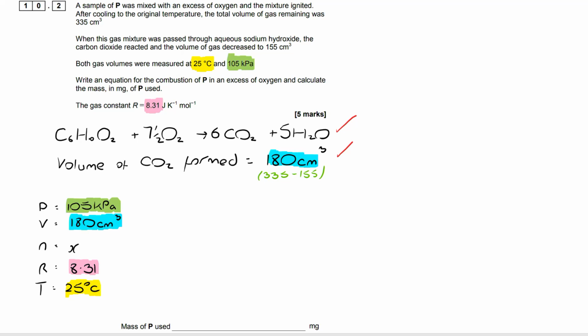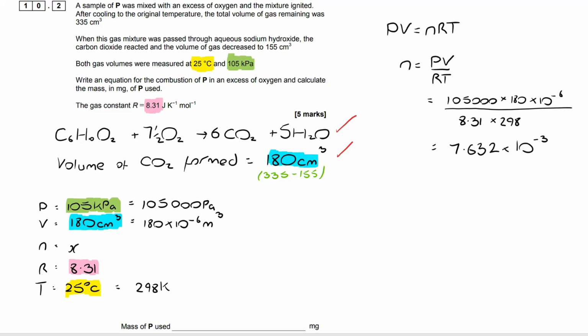So that means 180 cm cubed was used. Now from there, my second mark achieved, I'm going to put my figures in and I'm going to convert them. So I would always recommend you list them in this way and then systematically go through and think, do I need to change them? And here I needed to convert my kilopascals to pascals, I needed to convert my cm cubed to meters cubed, and I needed to convert my degrees Celsius to Kelvin.